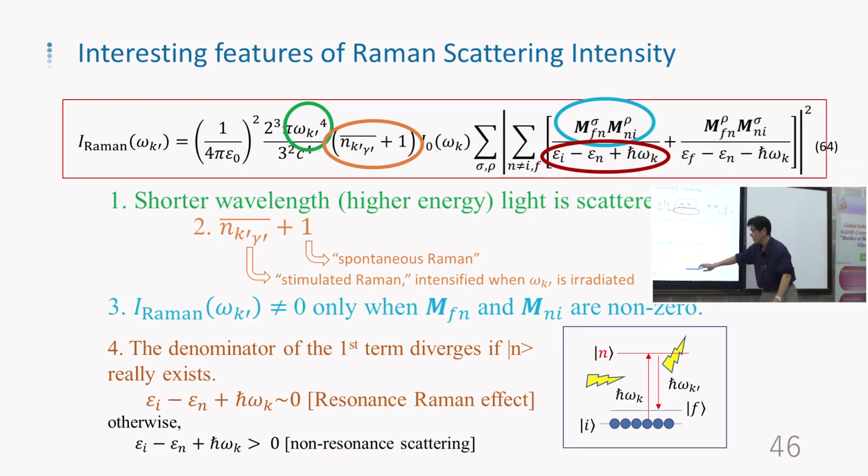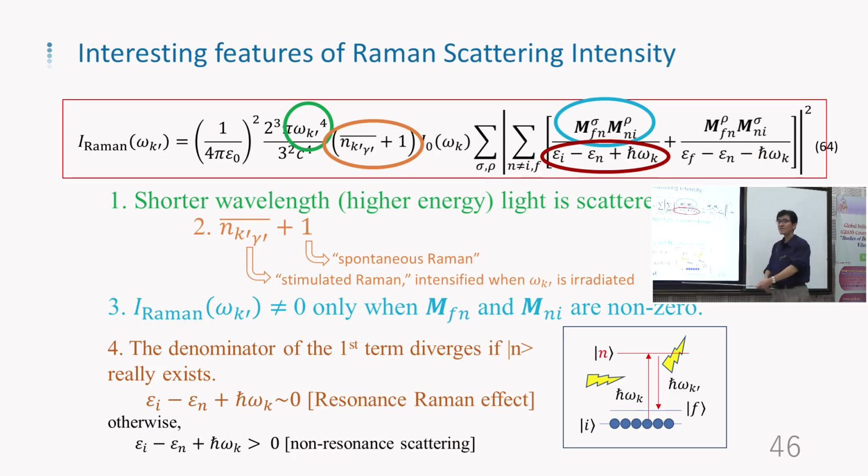In other words, if the excitation wavelength corresponds to the energy difference between the initial and real state n, then the denominator approaches 0. It results in infinite intensity of the Raman signal. This is the so-called resonance Raman effect.